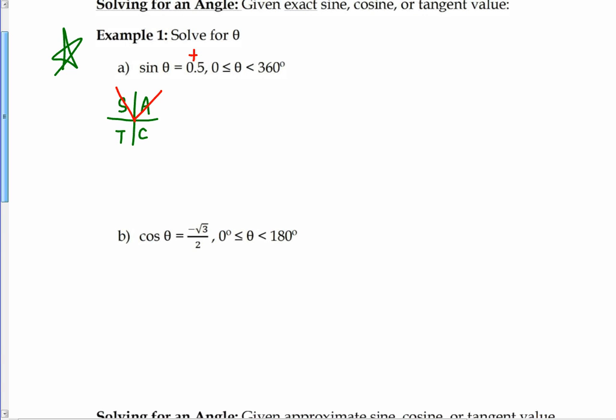Now, let's find our reference. How do we find our reference? We did this yesterday. If you have a ratio, you want to find the angle. What did we do in grade 10? You had it. Inverse sine of the ratio.